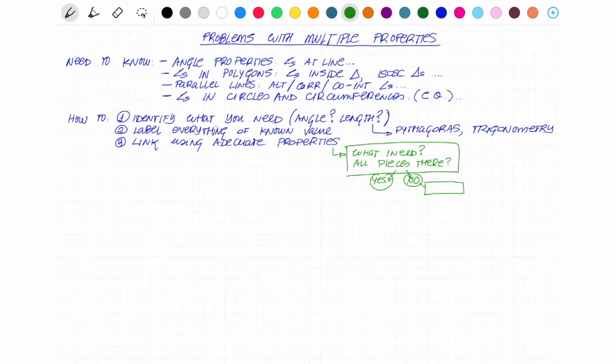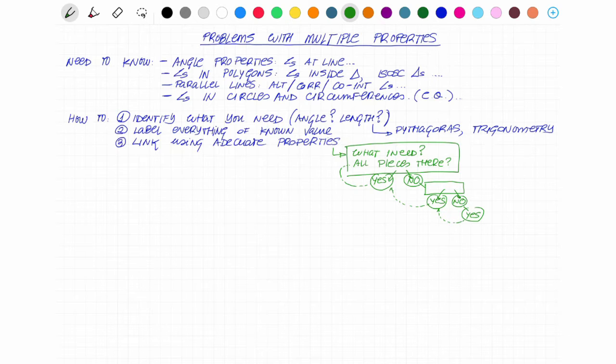Ask yourself again, what do I need? Do I have all the pieces? And you're going to repeat as many times as you need until you only have yeses. You have all the pieces. That allows you to work backwards until you get to whatever it is that you need.